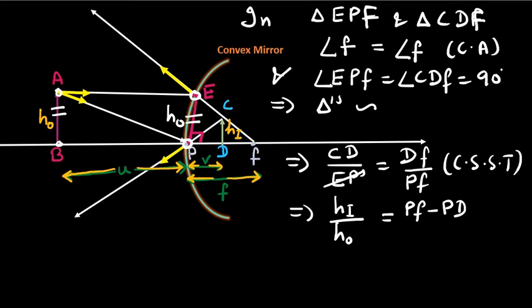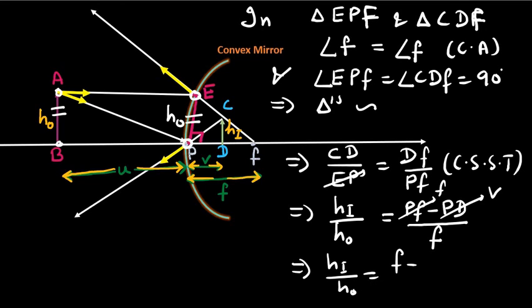This difference will give us DF, and PF is the distance from pole to principal focus, so focal length. PF is focal length and PD is image distance. So ultimately we have HI by HO is equal to f minus v by f. We call this equation 2.